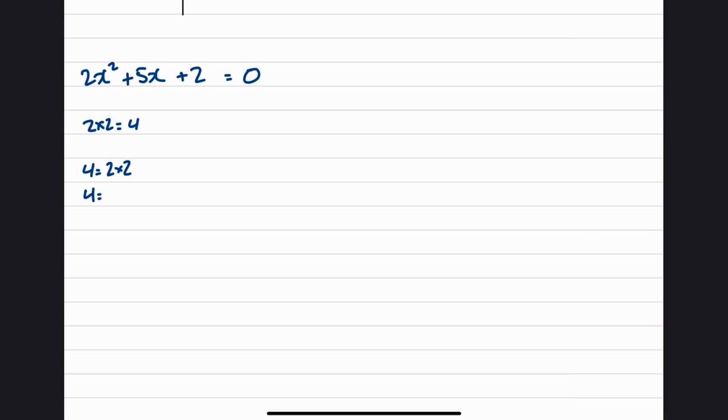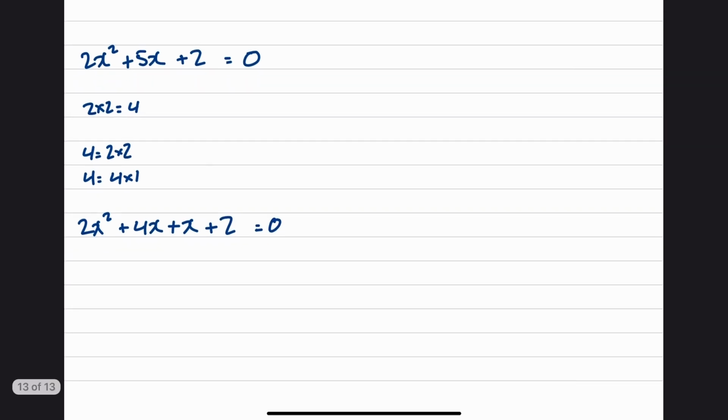So then we turn to 4 also equals 4 times 1. Can 4 and 1 add or subtract to give us 5? Yes, they can. So this is the pair of factors we go with, and we can break our middle term into 2x squared plus positive 4x plus positive x plus 2 equals 0.